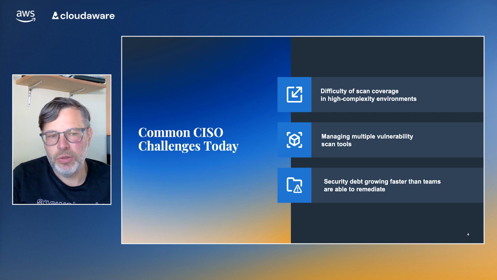Once we've helped customers go from 60 to 90% scan coverage, or 80 to 98% scan coverage, the very first thing we realize is that they have 300,000 or 500,000 critical vulnerabilities, and that security debt is growing faster than they're able to remediate it. So definitely a huge problem.